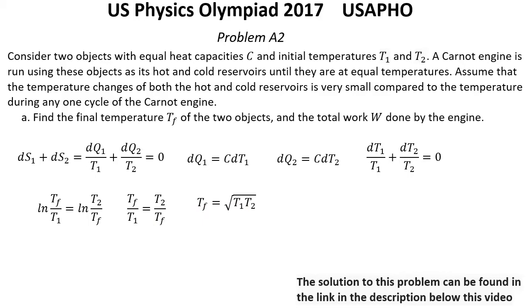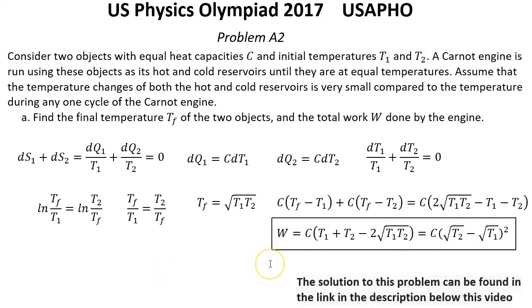The total change of internal energy of these two objects with initial temperatures T1 and T2 equals this expression. It means that, due to the first thermodynamic law, the work done by all these processes equals the change of internal energy, which is this expression. And that will be the answer for question A.